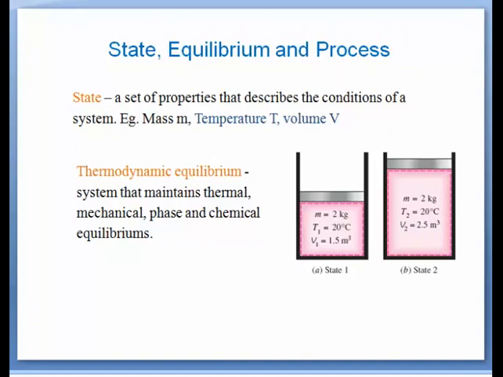A thermodynamic system may go through a number of states, state 1, 2, 3, 4, and if we draw the locus of these state points, then that will be called the path through which the thermodynamic system is going.